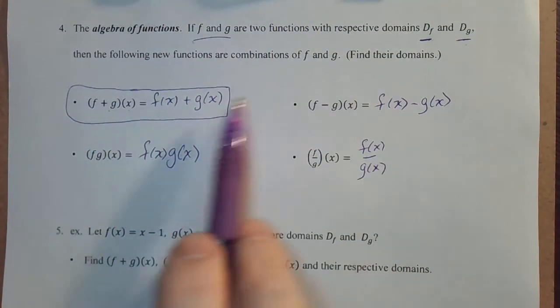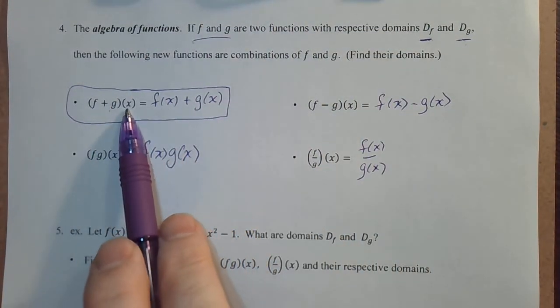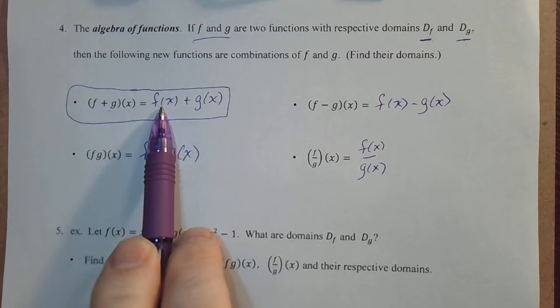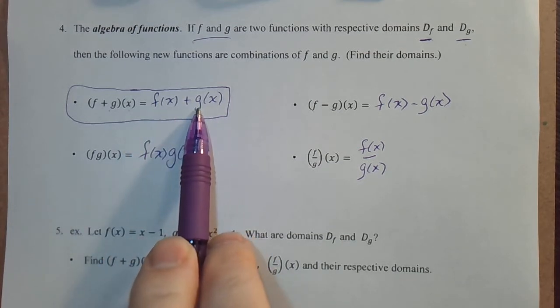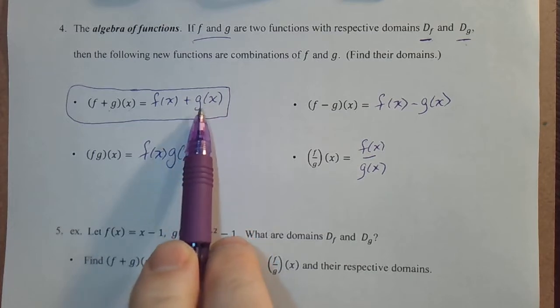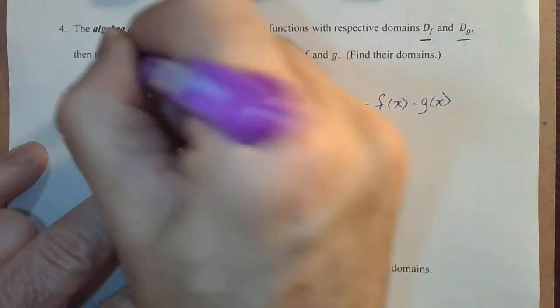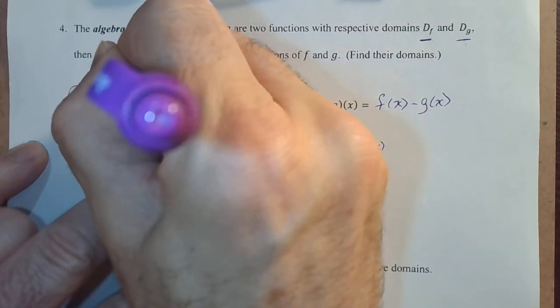Well, if I want to plug a particular value of x in here, I have to be able to plug x into f to compute this number, and I have to be able to plug x into g for this one.